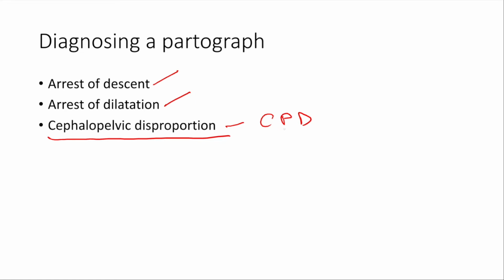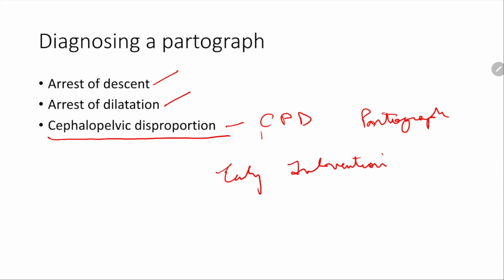So this, if you diagnose early, and with the help of a partograph, you can actually diagnose this early on. It actually helps in early intervention and LSCS, because the biggest mistake that is made in a person with CPD, cephalopelvic disproportion, is starting oxytocin to augment labor. This will only cause complications because you're trying to push the fetus out of the birth canal, but however the fetal head cannot pass through the birth canal.